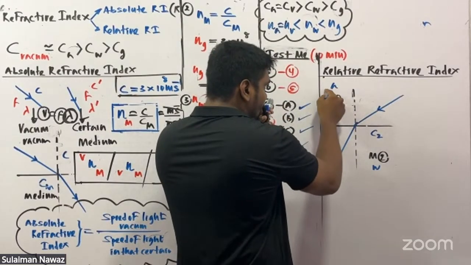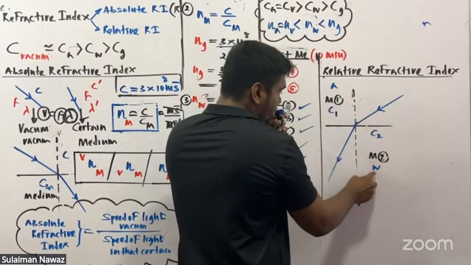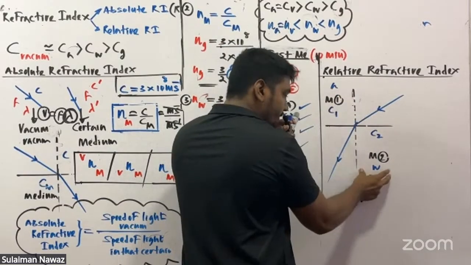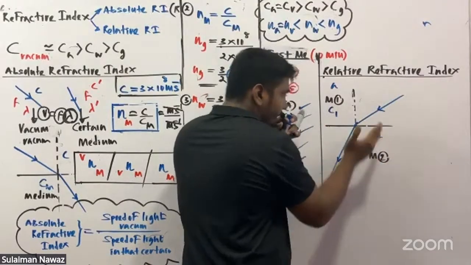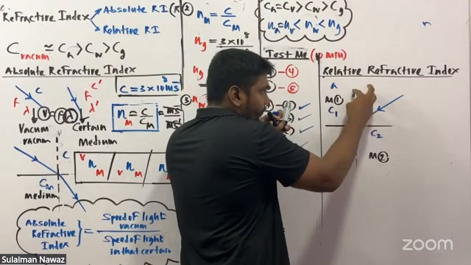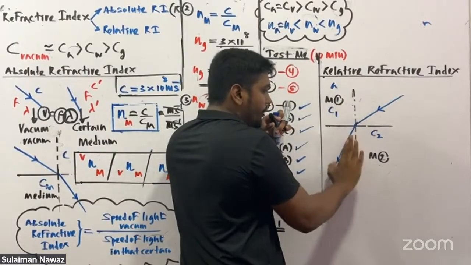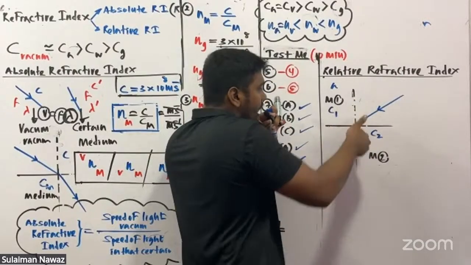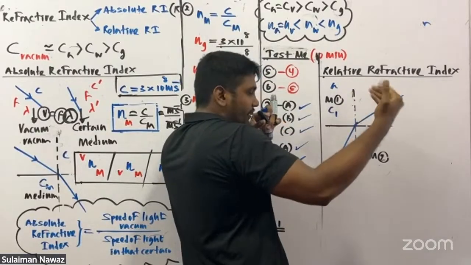Relative refractive index means that when a light ray travels from one medium to another, maybe air to water, you check how much the speed deviates and how much the light ray is going to bend. That is what we call relative refractive index.